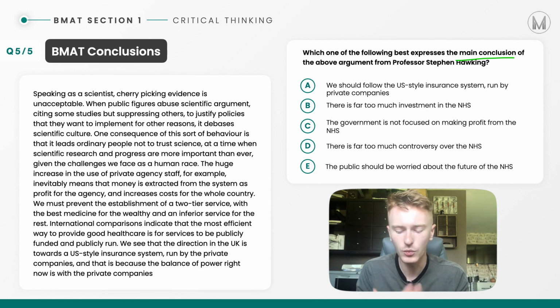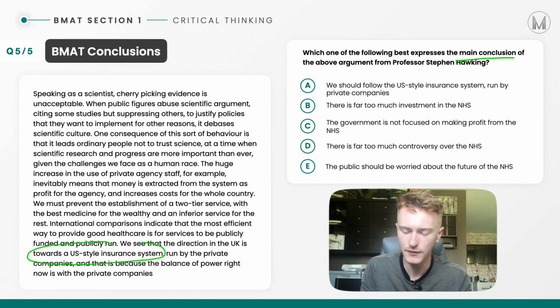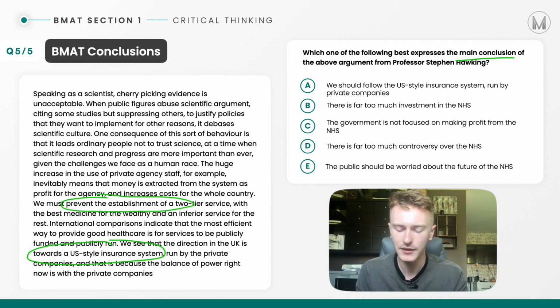He says we're going towards a US-style insurance system, and I'll just highlight there. He says we're going towards this sort of system, and that is actually a negative thing to do, because actually we must prevent the establishment of a two-tier service and ultimately ensure we have this most efficient publicly run service.